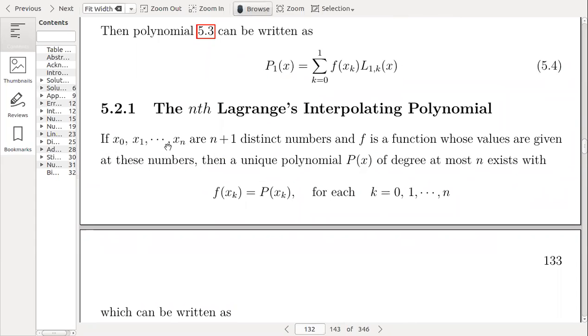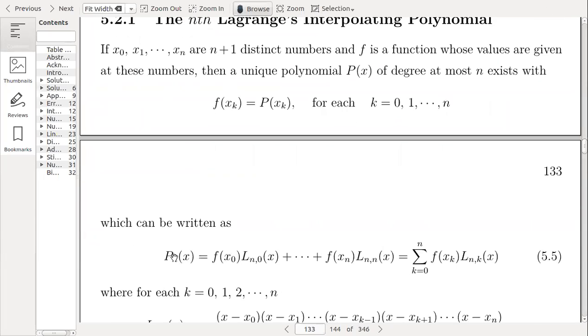If x0, x1, and so on to xn, these are n plus 1 distinct numbers from the domain because we have started from x0, and f is a function whose values are given at these numbers, then a unique polynomial p of x of degree at most n exists with f of xk equal to p of xk for each k equal to 0, 1, 2, and so on to n, which can be written as Pn of x is equal to f of x0 Ln0 of x plus and so on plus f of xn Lnn of x, which is equal to the summation k equal to 0 to n of f of xk Lnk of x.